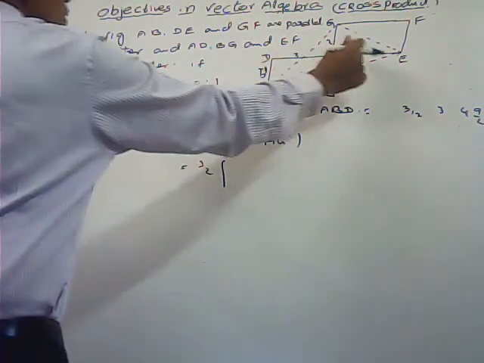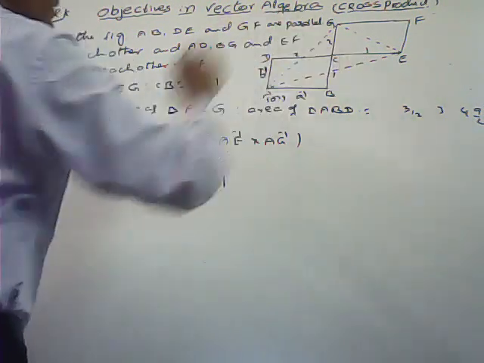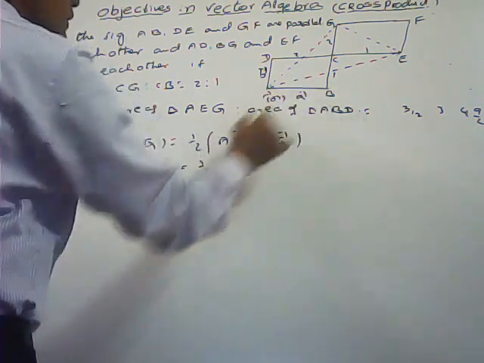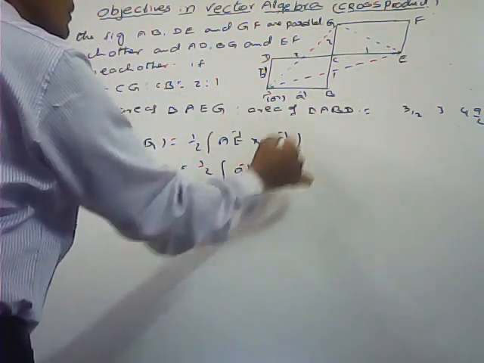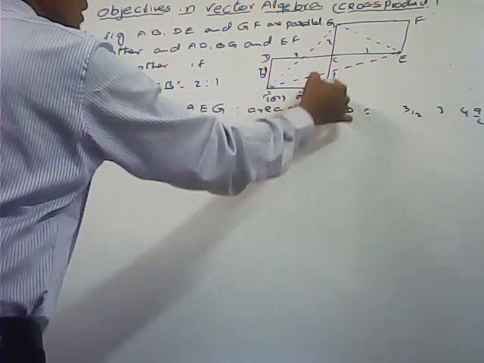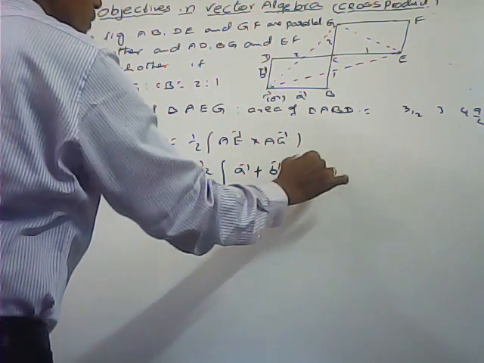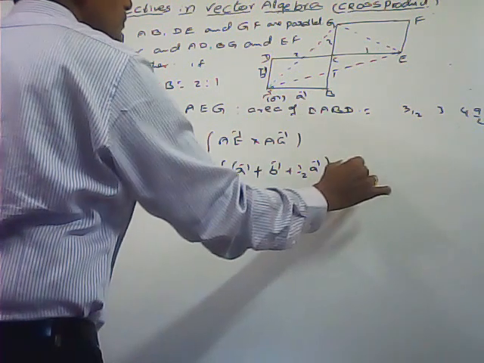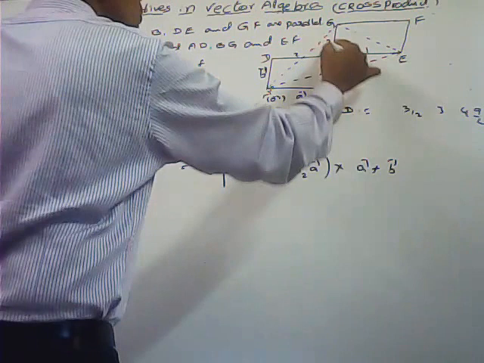This is the 2 part, that is the 1 part only. So if I take this one a bar, that is a bar by 2 only. Now AE bar is AB bar plus BC bar, this is b bar, plus CE bar, this is half of this one only. So half of a bar cross AG bar, AB bar plus BC bar, that is b bar, this is 2 times of this one.